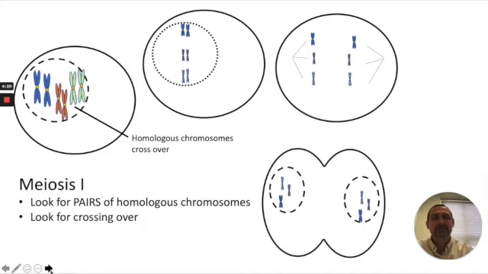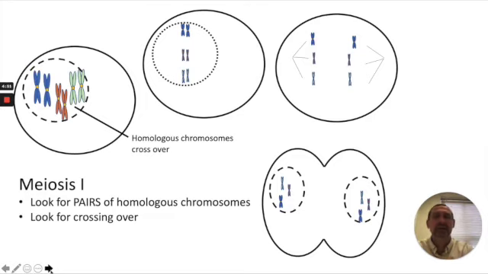What about meiosis? Well, meiosis occurs in 2 phases, meiosis 1 and meiosis 2. Some of the things to look for when you're observing meiosis 1 is look for pairs of chromosomes. Homologous chromosomes just means the chromosomes are the same size, same shape, have the same genes. It's the pairs of chromosomes that become visible in prophase, and they even cross over in prophase.